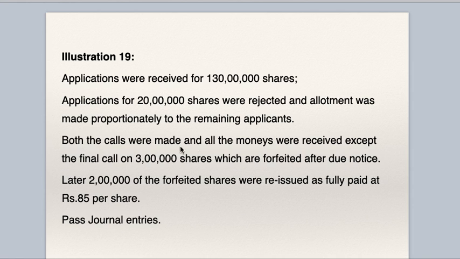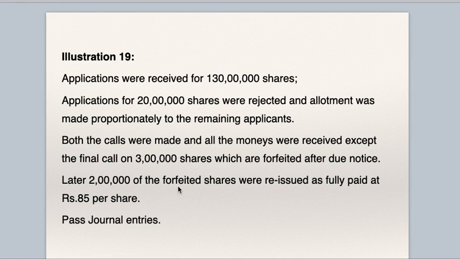Both the calls were made and all monies were received except the final call on 3 lakh shares, which are forfeited after due notice. So whatever was due they have received except on the final call. They have not received it on 3 lakh shares. So they have forfeited these 3 lakh shares.